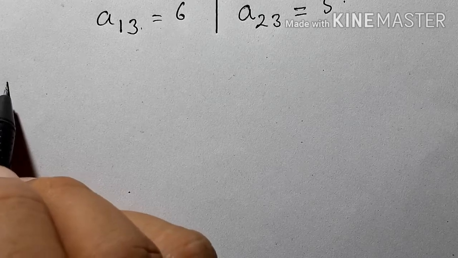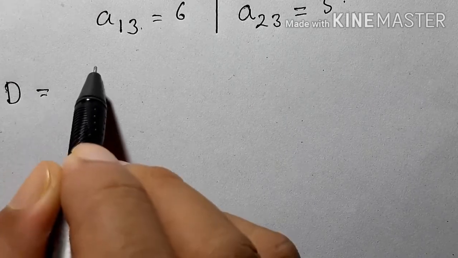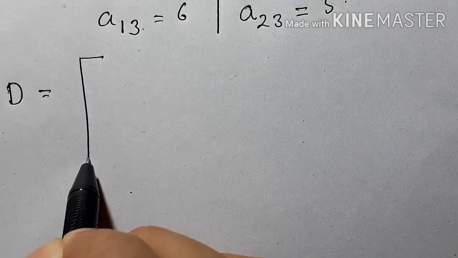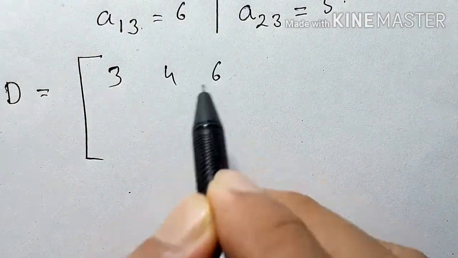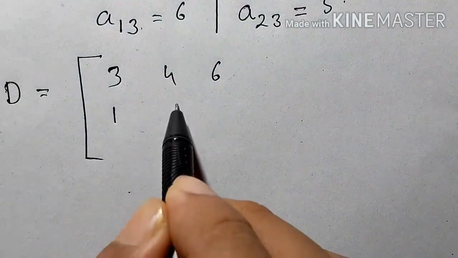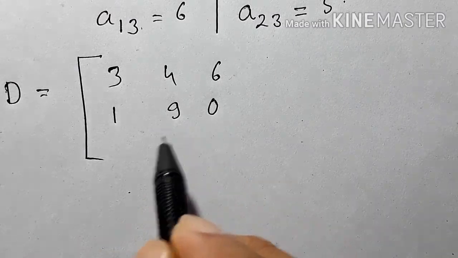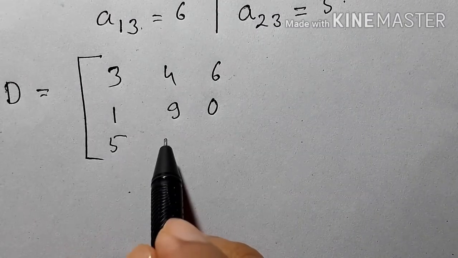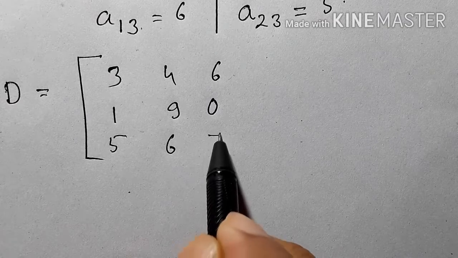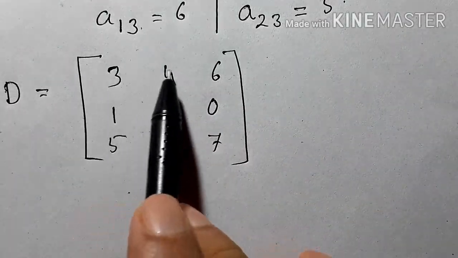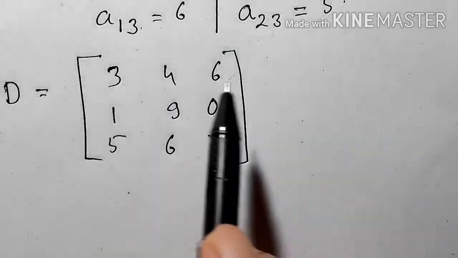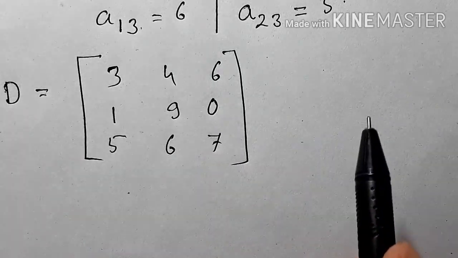Let us consider a matrix like this one, 3 4 6 1 9 0 5 6 7, like this. This one is square matrix.